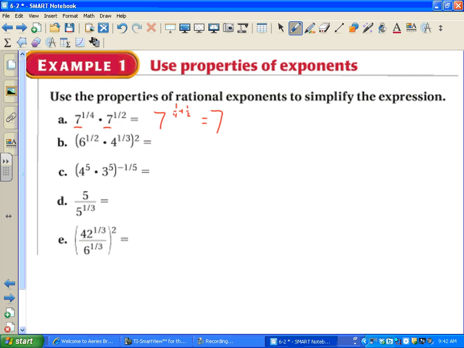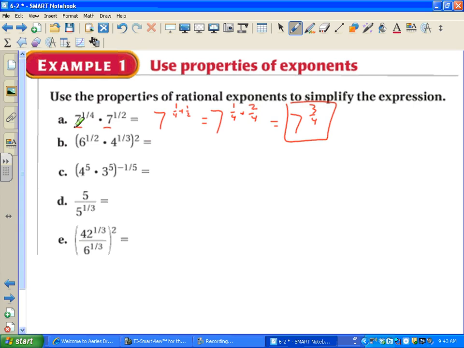That is going to be 7 to the 1/4 plus, I'm going to change 1/2 to 2/4, finding a common denominator there. 1/4 plus 2/4, that gives me 7 to the 3/4. Today, we don't have to simplify those down. I'm not going to make you do that. You can leave your answers just as fractional exponents. So 7 to the 3/4 is fine. I'm more concerned that you understand how these rules work.